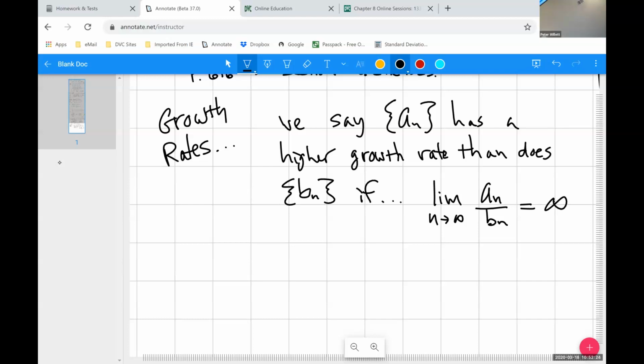Let's look at an example on the list, and then we'll look at a specific example of functions. So let's say we had powers. Consider the sequence n versus the sequence n squared.